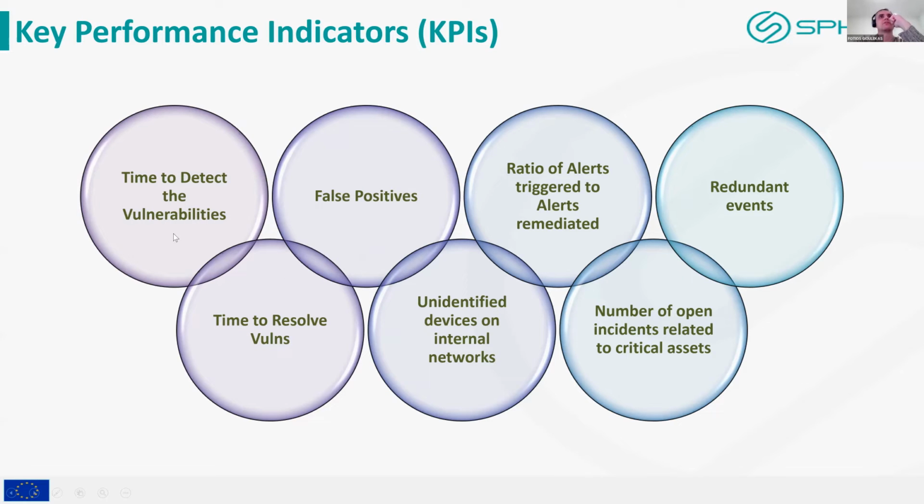So the key performance indicators are the time to detect vulnerabilities and false positives. I mean, we have an alert. Is it a false alert or an alert that we should take into account?